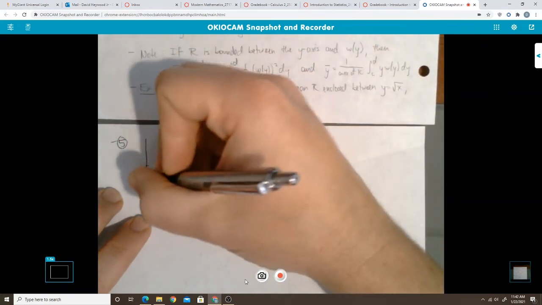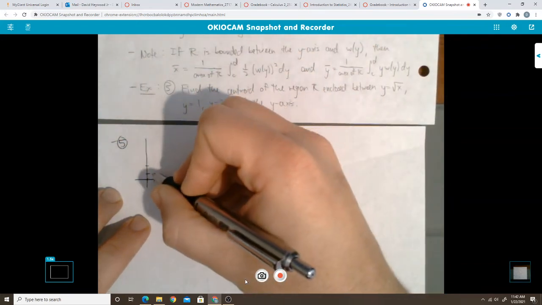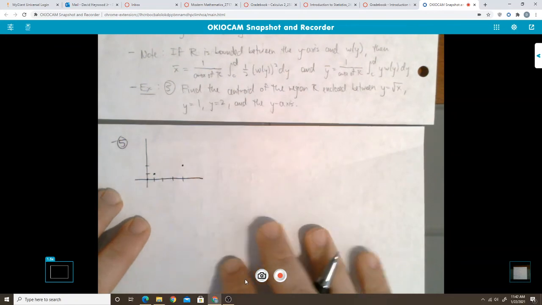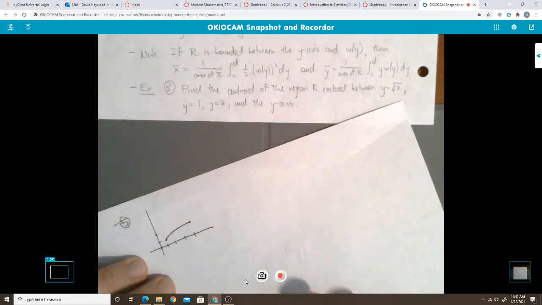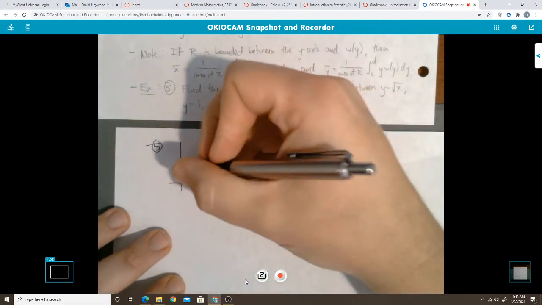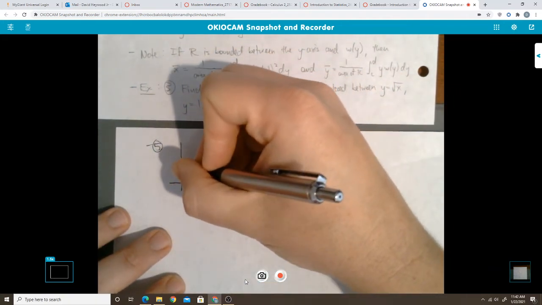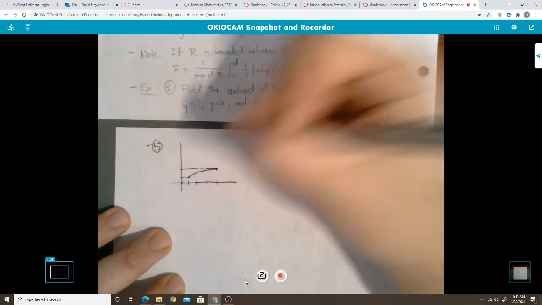But we're bounded between y equals 1 and y equals 2, so that's this thing, and the y-axis. So that's our region.